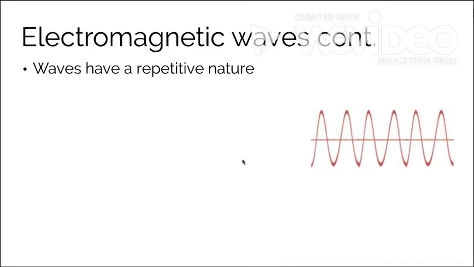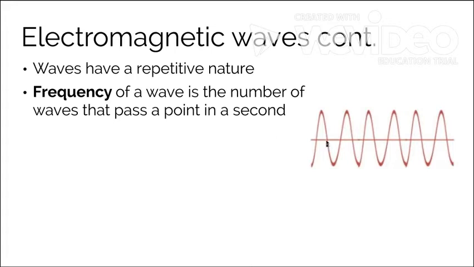All right, now we can compare different waves too. So we've said that they have a repetitive nature. So now notice the number of waves that I have drawn on this diagram. So here I would have, let's see, that's one wave going from our starting point to the first trough. We can go through another one. This is 2 waves.